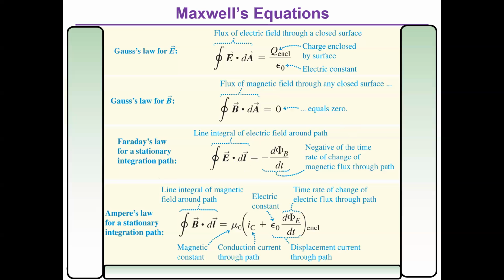So the line integral of the electric field around a path will be equal to the negative of the time rate of change of magnetic flux. Phi B right here is the magnetic flux, and as a whole, this term is the time rate of change of magnetic flux through the path.